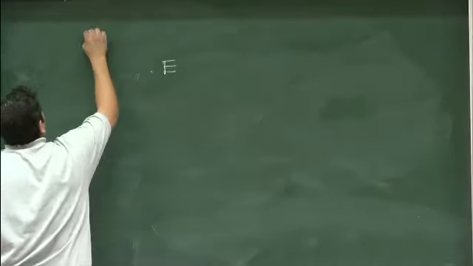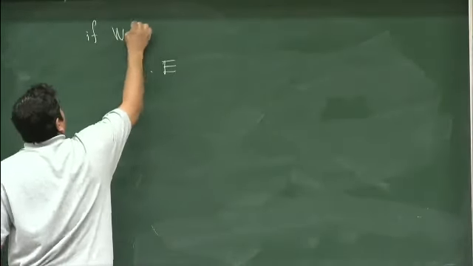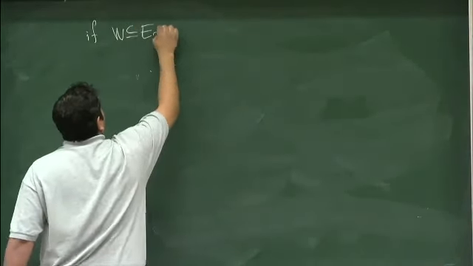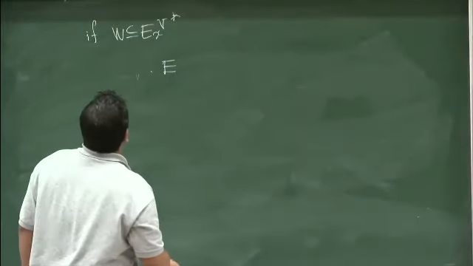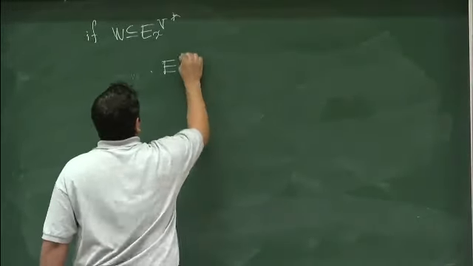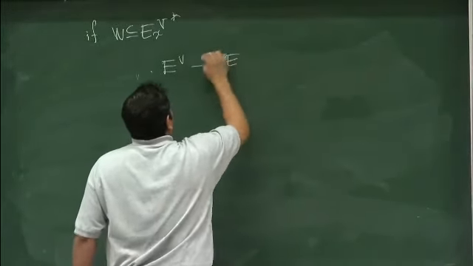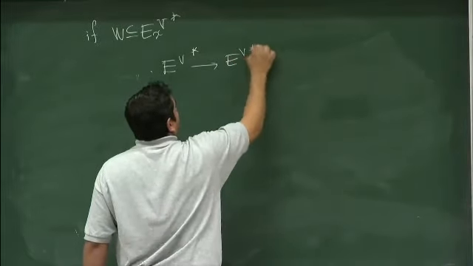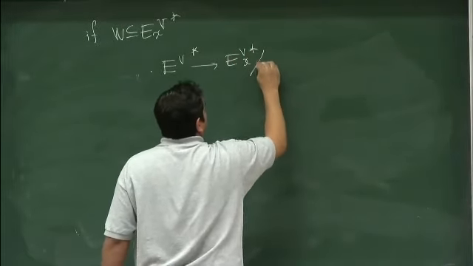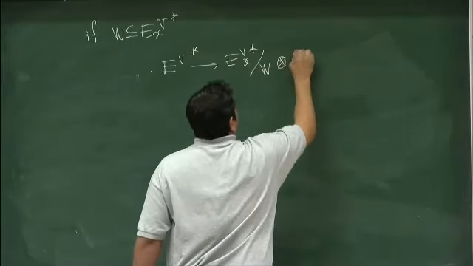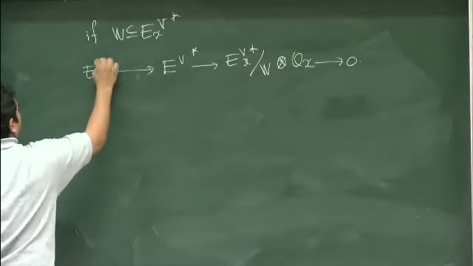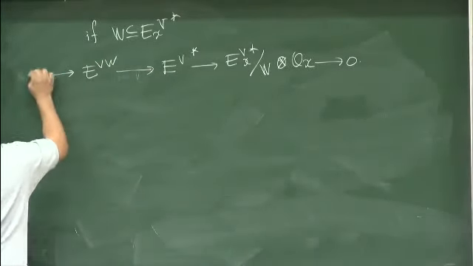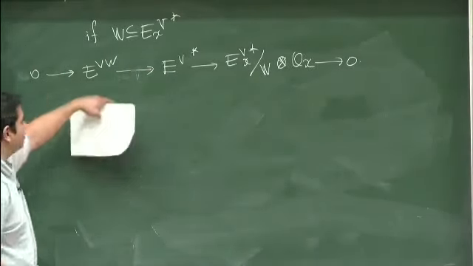Then if W is a subspace of E_V dual, then I can do the same construction and obtain another vector bundle that I call E_VW.